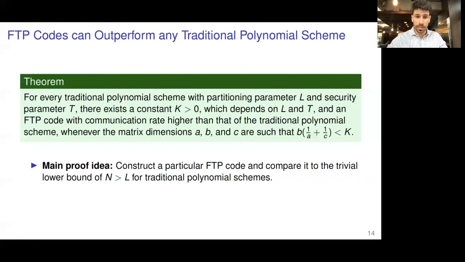The main idea to prove this is by constructing an FTP code and comparing it to the trivial bound given by n greater than L for traditional polynomial schemes.